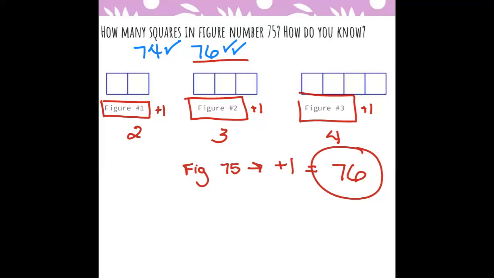Very nice. Question. So is figure number 75 this whole problem? It is a random number that we are saying as we look at this pattern. That is a great question.